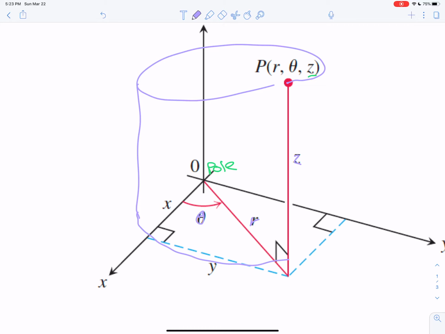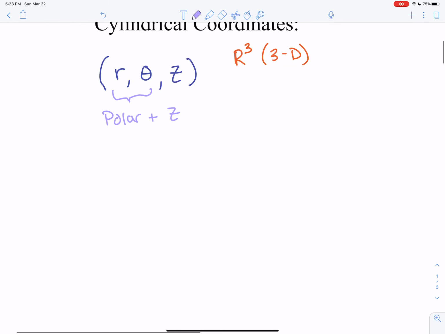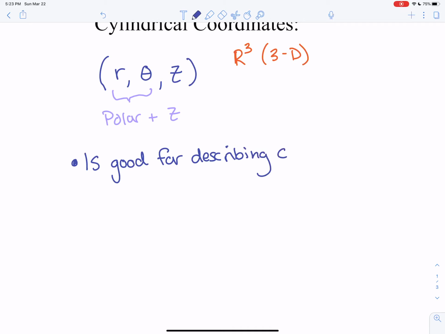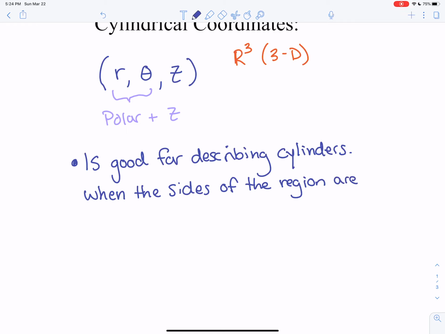So it's really good. Let me make a note of this. The cylindrical coordinate system is good for describing cylinders, especially when the sides of the region you're integrating through are cylindrical.